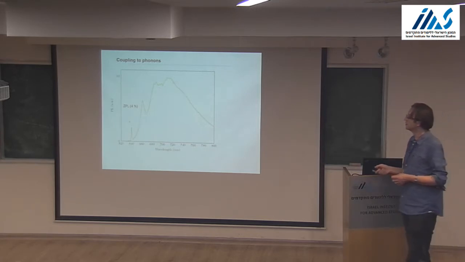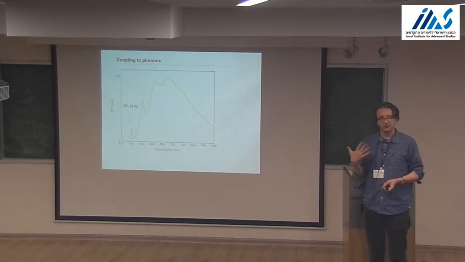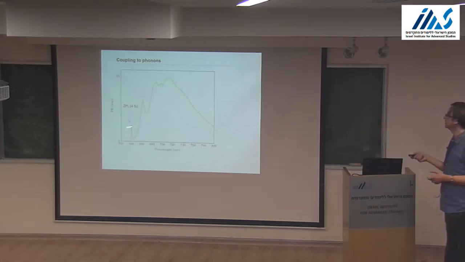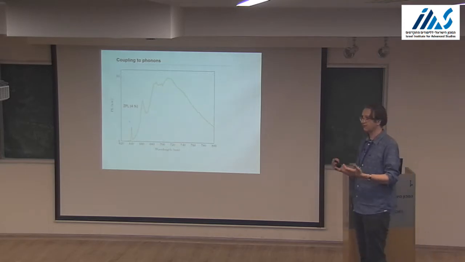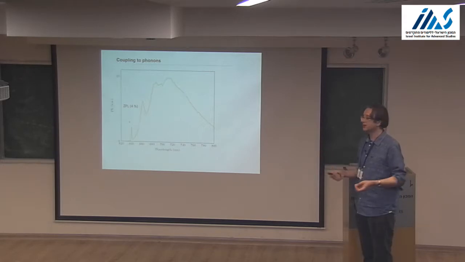All the experiments so far in the context of quantum optics with NV centers in diamond have been using this very weak part of the emission spectrum, the zero phonon line, and that's why often those experiments are very, very slow. You need to post-select very rare events, and this is a challenge when you think about scaling the system up or making the communication channel between distant atoms faster.